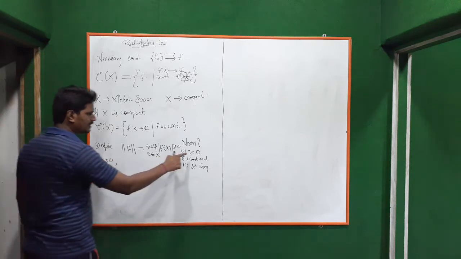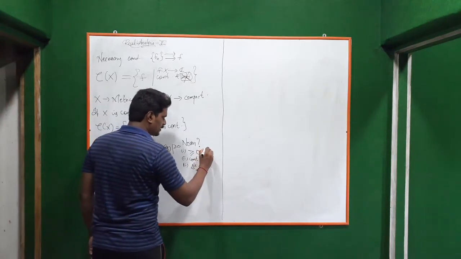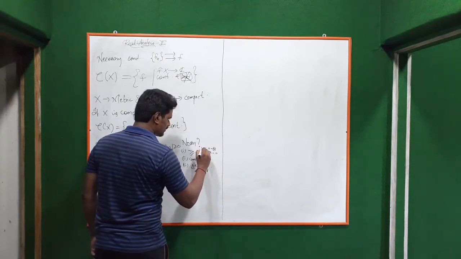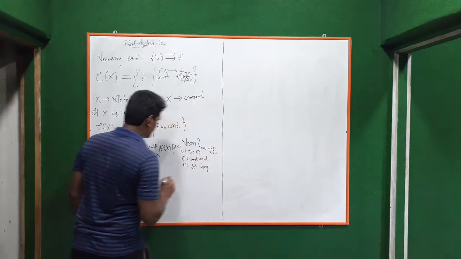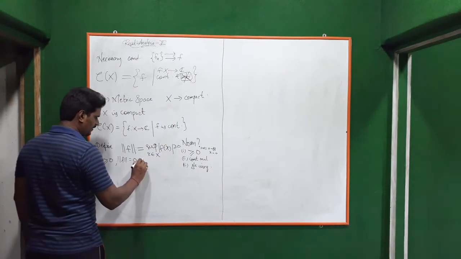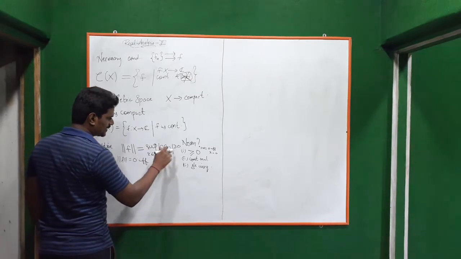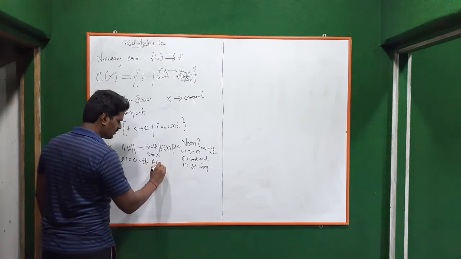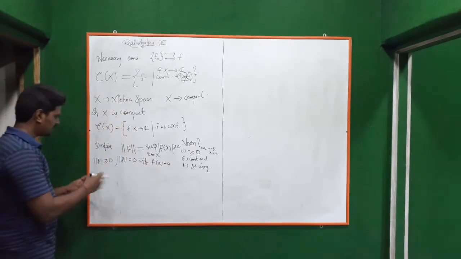And it is equal to 0 if and only if the norm of f is 0, that is, if and only if the supremum of this is 0. The supremum of this being 0 means this should be 0. That means the function itself should be the 0 function. So this is okay.